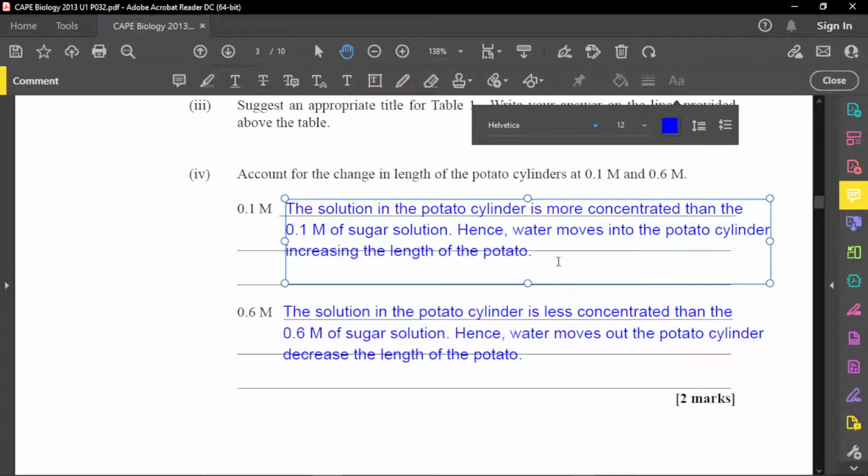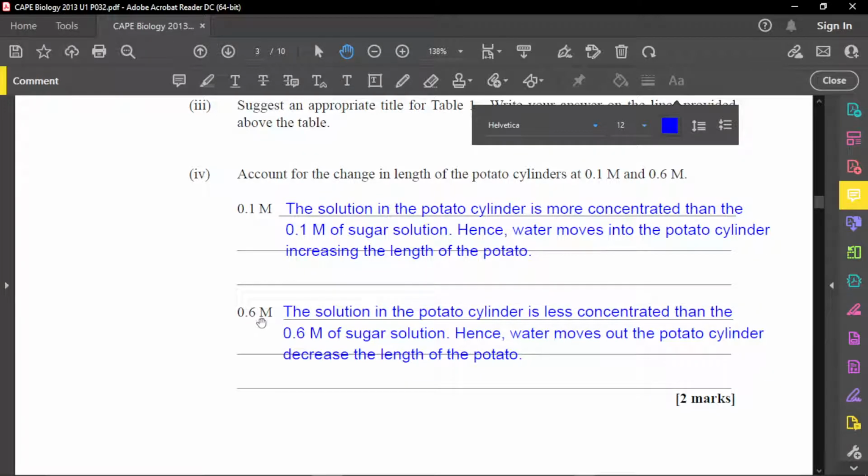So water goes in. In fact, this solution will be called hypotonic solution. All right? And so which means that the solution in the beaker itself is more dilute compared to what is in the potato. So therefore, water moves from the higher water concentration to lower water concentration, which is from the beaker to the potato.